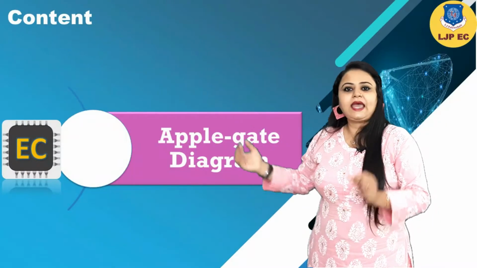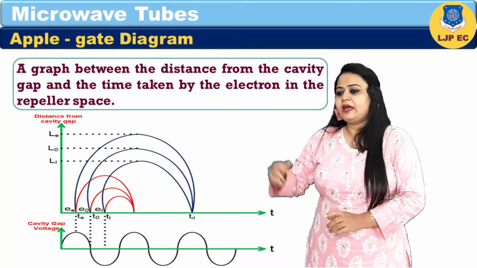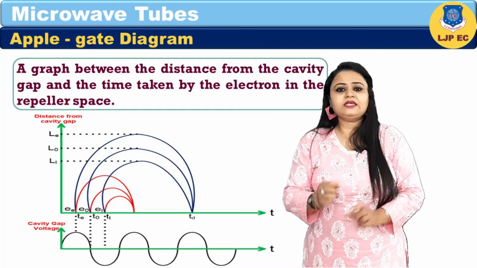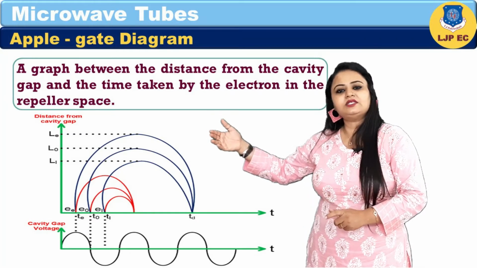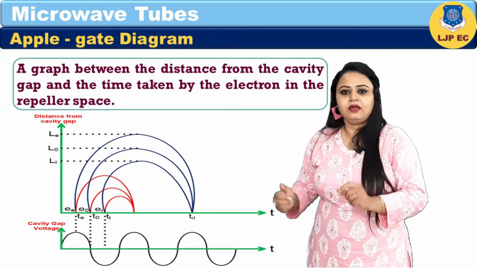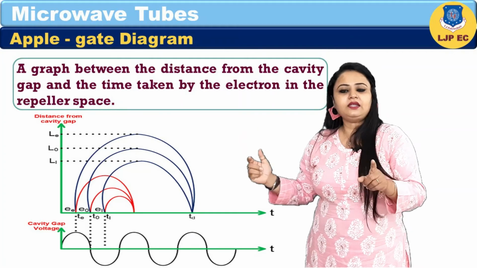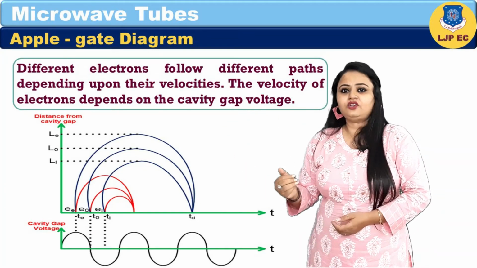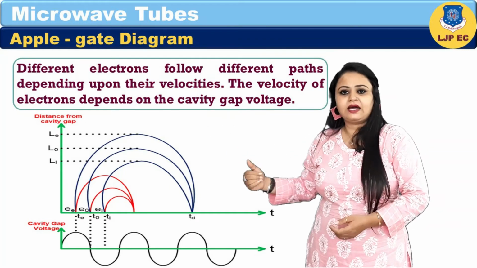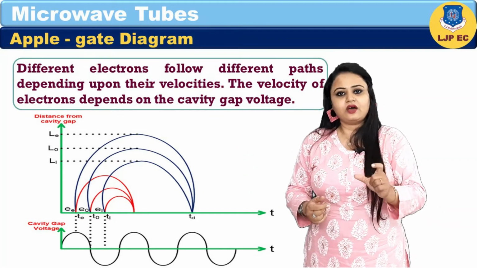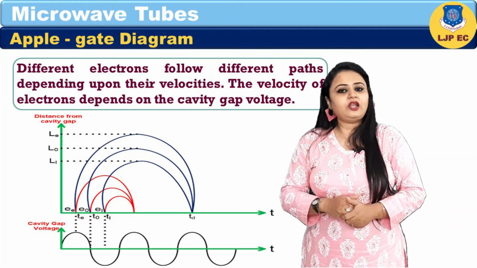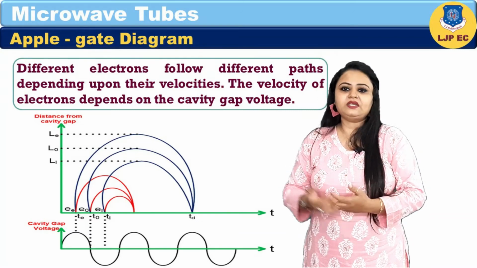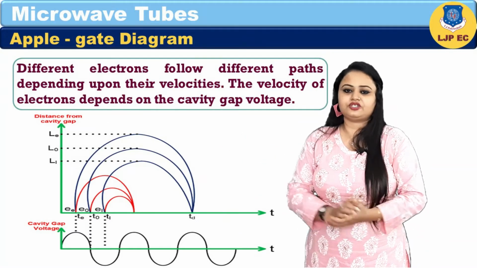Now let us see the Applegate diagram. Applegate diagram is a graph between distance from the cavity gap and time taken by the electrons in the repeller space. Different electrons follow different paths depending upon their velocities, and the velocity of the electrons depends upon the cavity gap voltage.